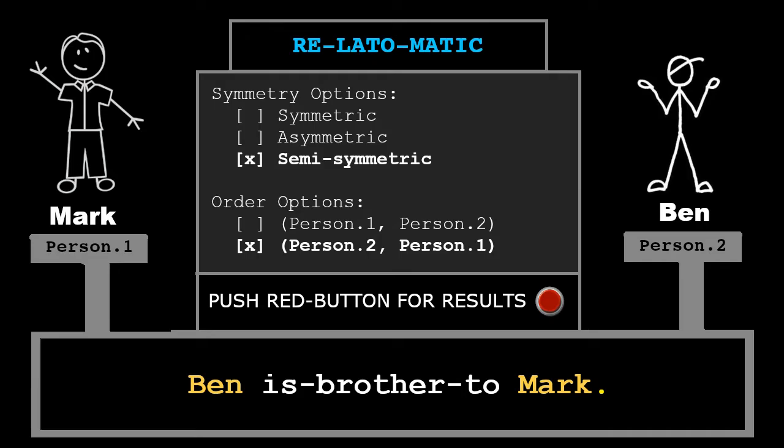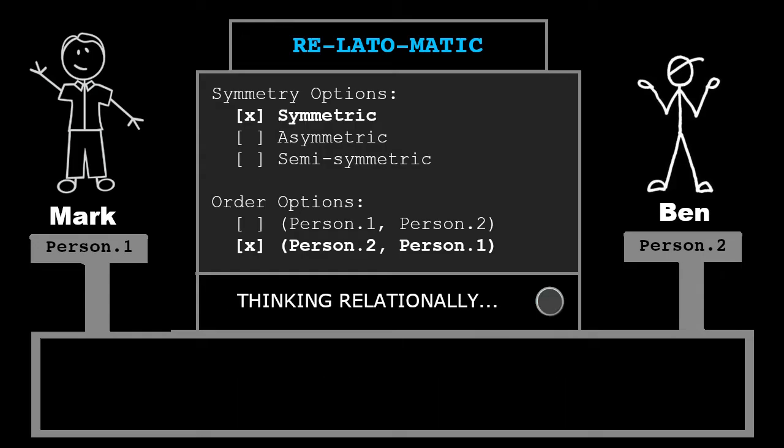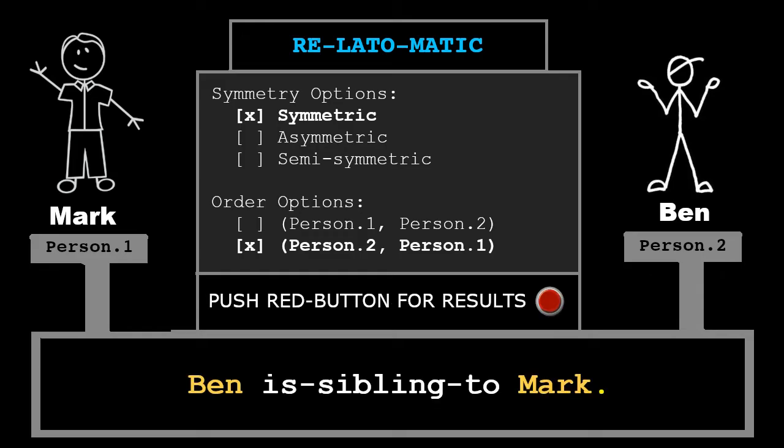Let's change our symmetry option from semisymmetrical to symmetrical and press the red button. Ben is sibling to Mark. Okay, that makes sense to me. If Mark is the sibling of Ben, then Ben is also the sibling of Mark. Symmetrical relations work in 2 directions.